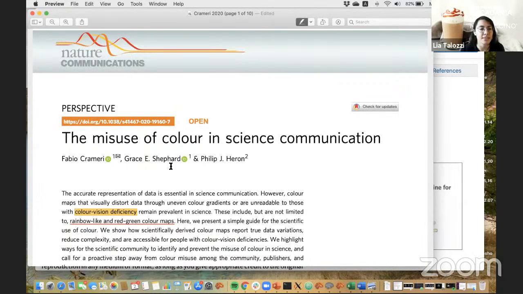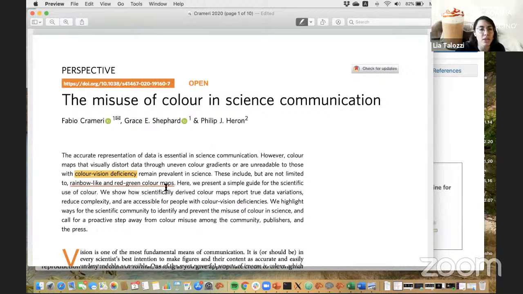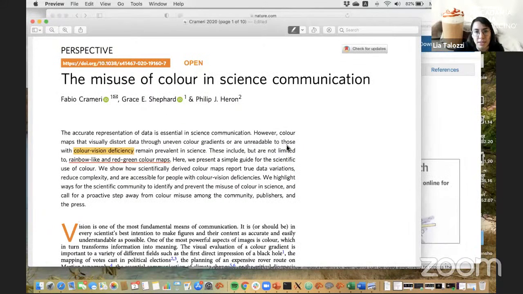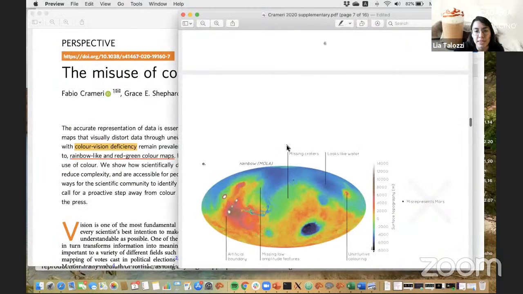In particular, it focuses on the color maps used to represent significant results, and in particular the focus is on rainbow-like color maps that sometimes could be confounding in the representation of data. Let me start with the supplementary materials, where they have a lot of examples.